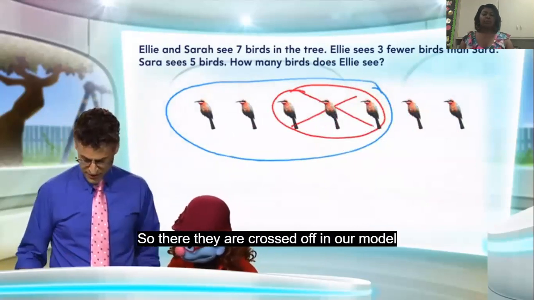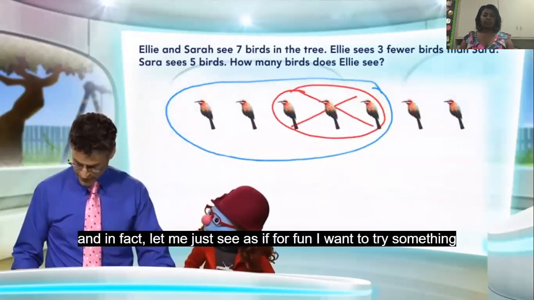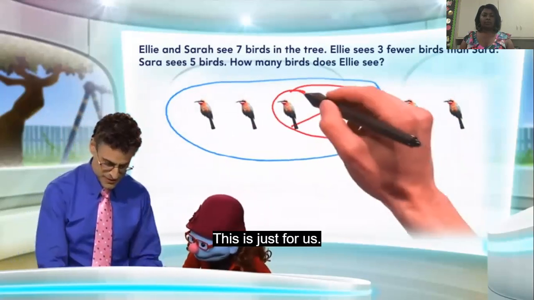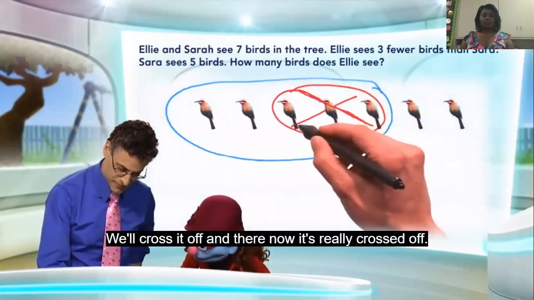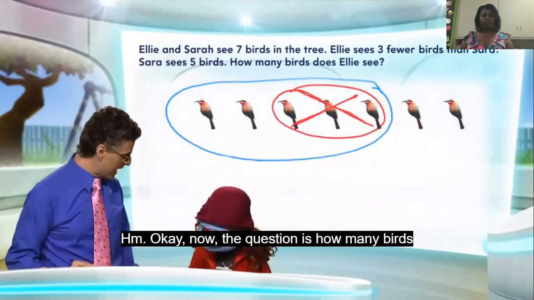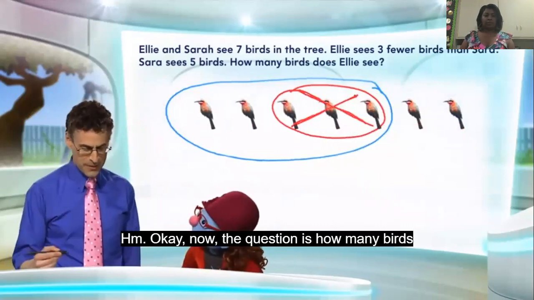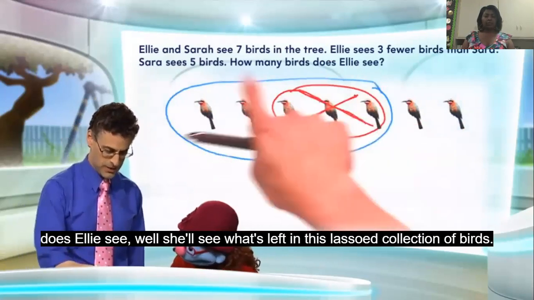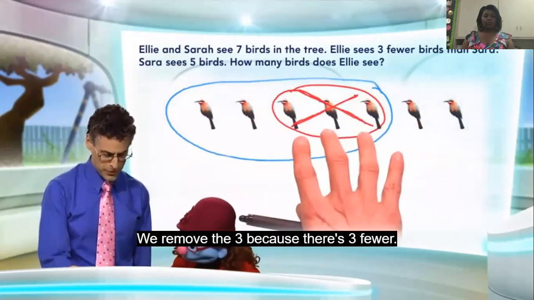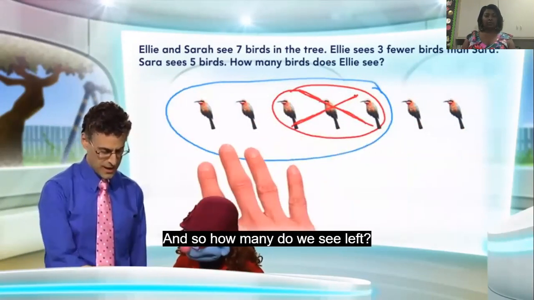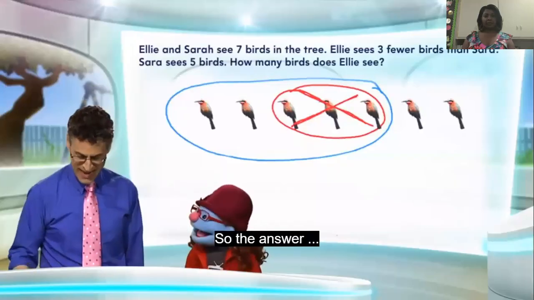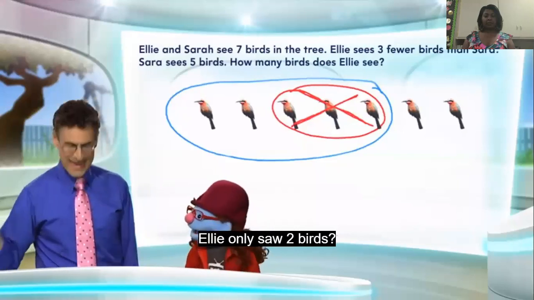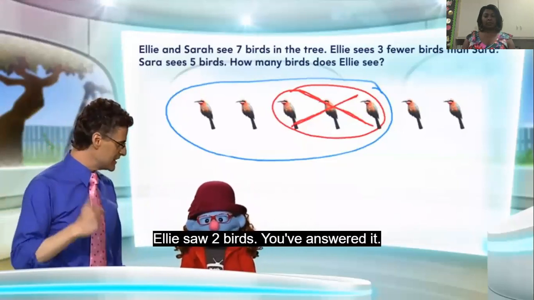So there they are, crossed off in our model. And in fact, let me just see, as for fun, I want to try something here. This is just for us. But I'm going to cross it off. And there, now it's really crossed off. Okay, now the question is, how many birds does Ellie see? Well, she'll see what's left in this lassoed collection of birds. We remove the 3 because there's 3 fewer. And so how many do we see left? 2. Just 2, exactly. So the Ellie answer. only saw 2 birds. Exactly right. And that's the answer. Ellie saw 2 birds.